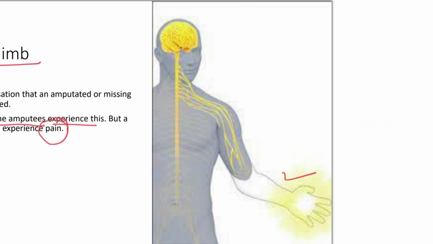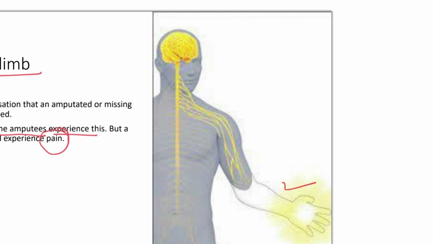So one is experiencing pain in a part that is not there. So what do you do? First of all, how can one experience pain in a limb which is not there? That itself is an important question in our understanding of how the brain functions. And then, how do you remove that pain?